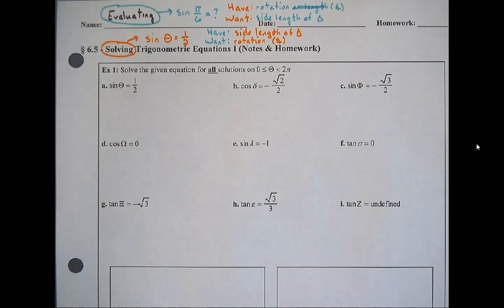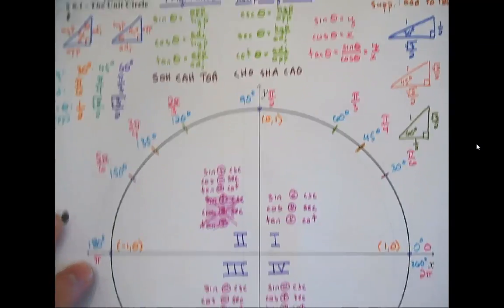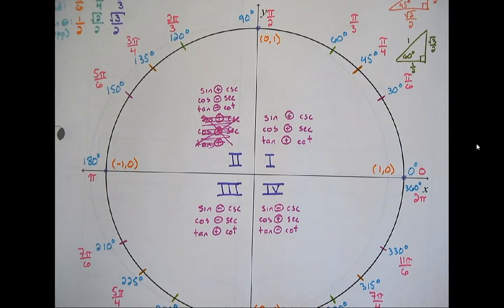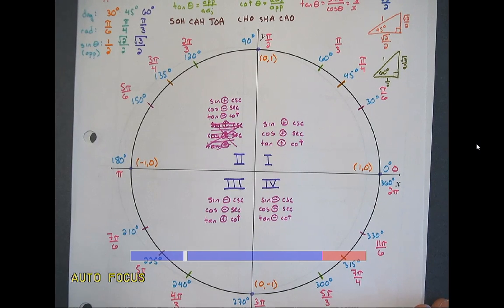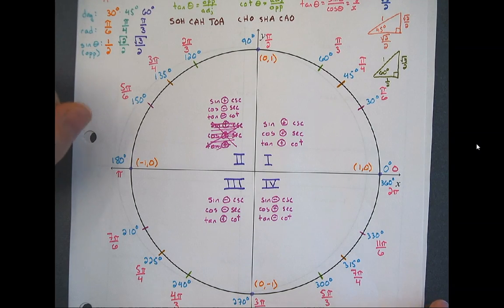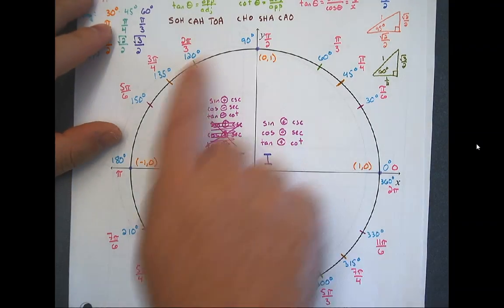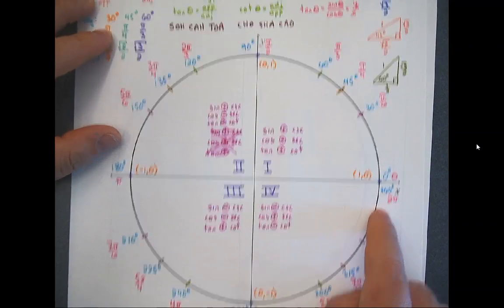Okay. So solve the given equation for all solutions from 0 to 2 pi. And we say 0 to 2 pi because there could be infinitely many solutions. Let's say I wanted you to figure out where is the angle that gives you a y value of 1/2. So where could I draw a triangle that would have a y value of 1/2?